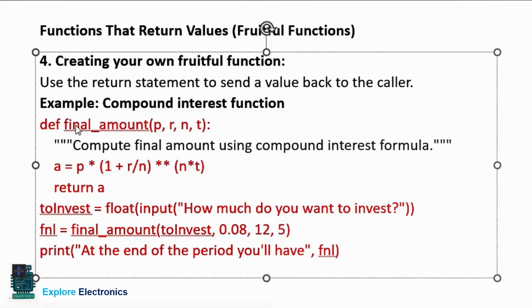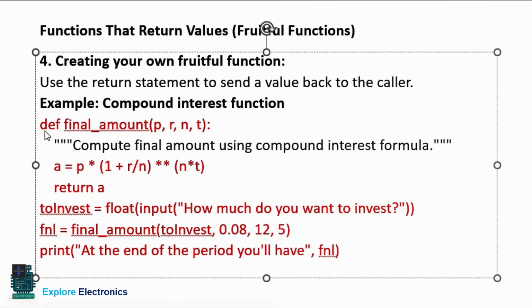Here, define final amount with P, R, N, T, to compute the final amount using the compound interest formula. The formula is A is equal to P into (1 plus R divided by N) whole power N into T. This is the formula to find the compound interest.